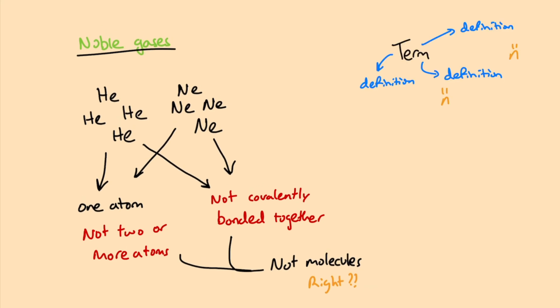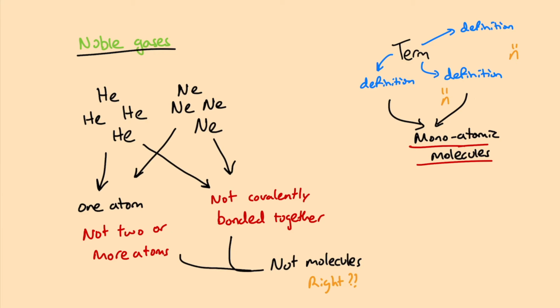But again, because molecule is a controversial term, different definitions can be attributed to it. Some definitions would say that they are molecules, but they're called monoatomic molecules. So they're molecules because they can be brought down to that single identifiable unit.